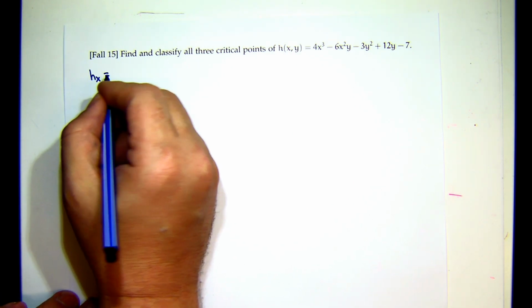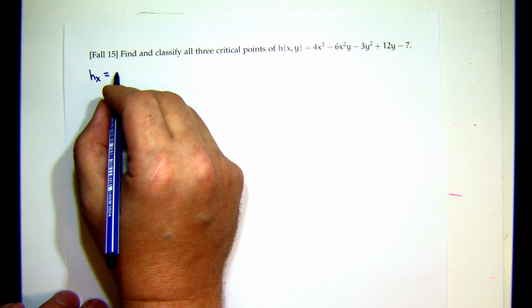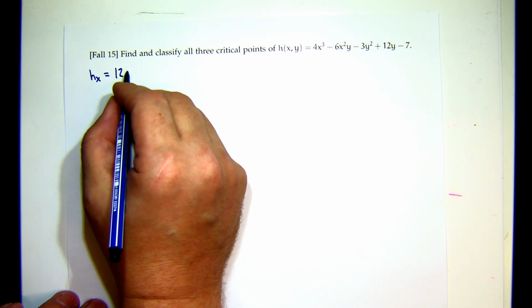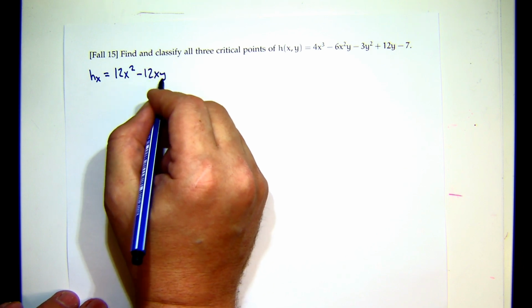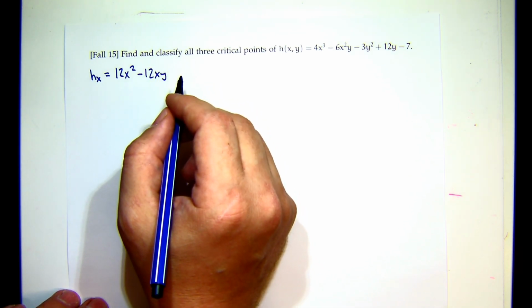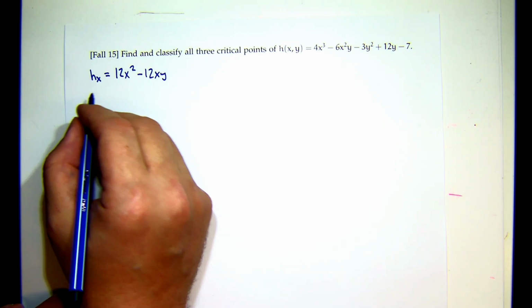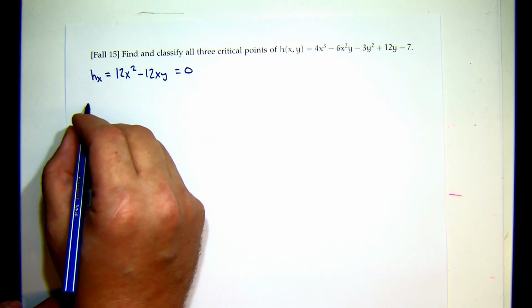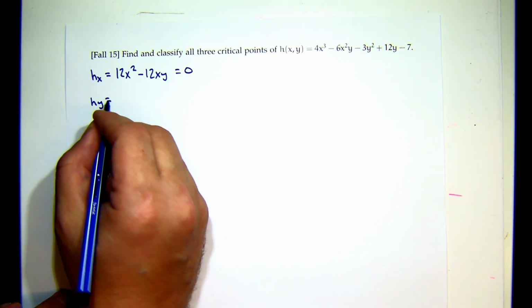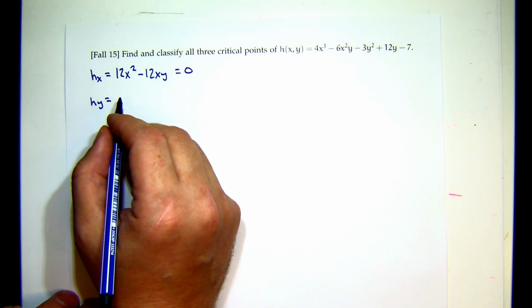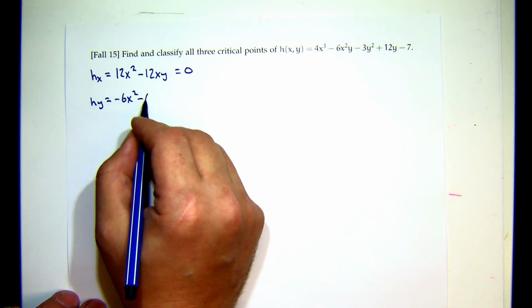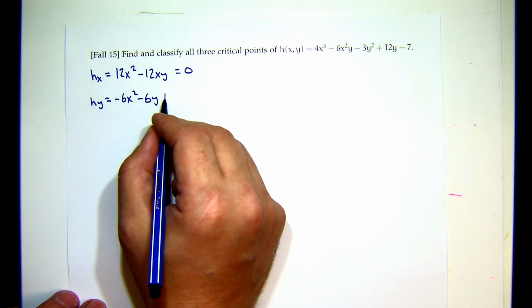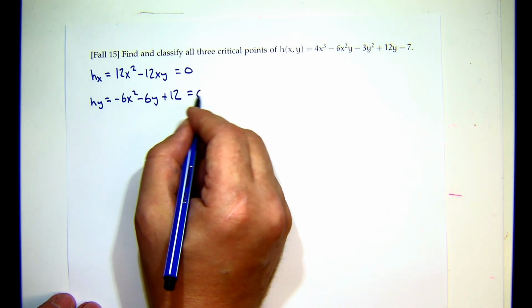What is h sub x? 12x squared minus 12xy. Oh, and that's it. Oh, okay, great. Equals 0. All right, h sub y is negative 6x squared minus 6y plus 12 equals 0.